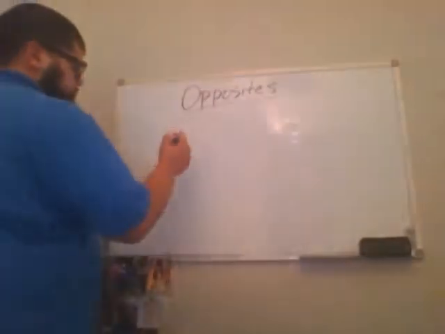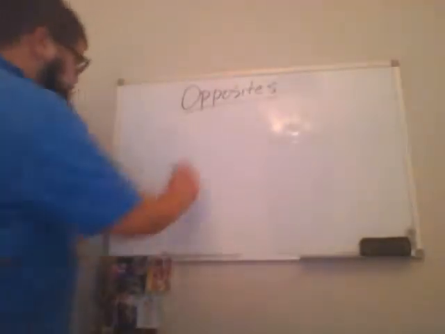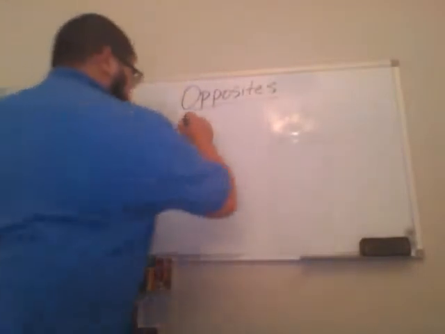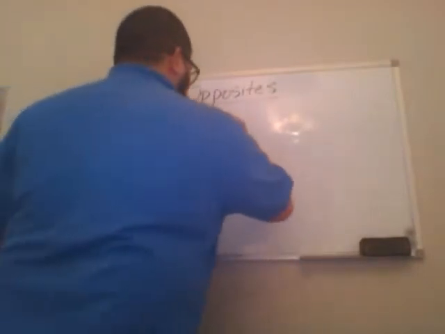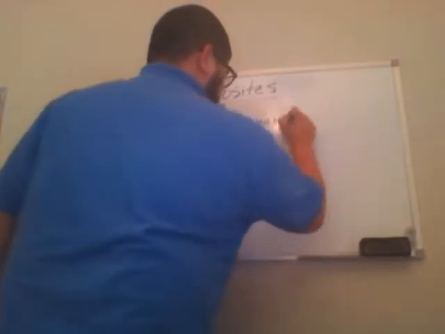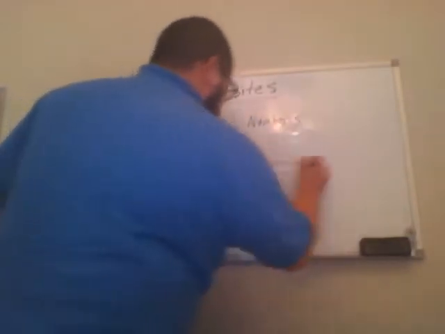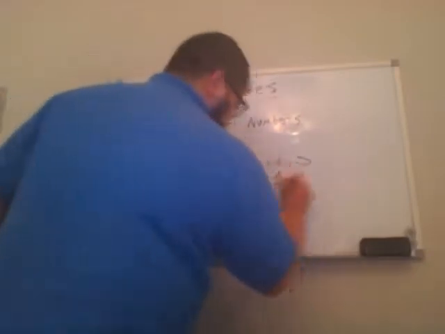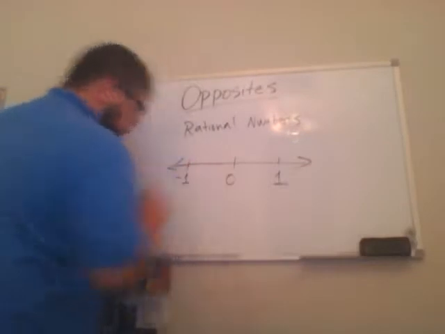So let's say, for instance, we're talking about the rational numbers. All I'm going to draw is 0, positive 1, and negative 1.